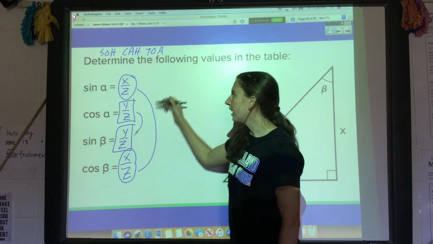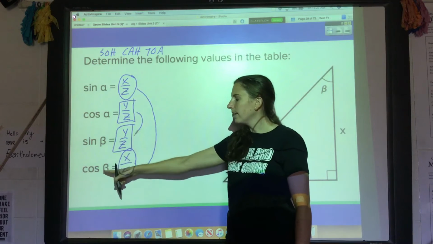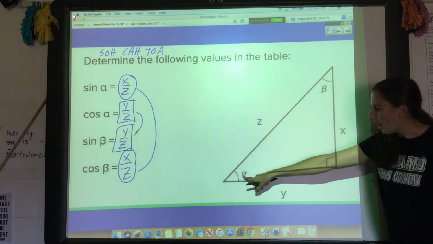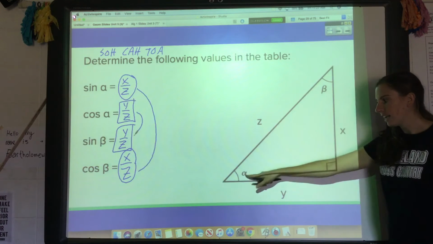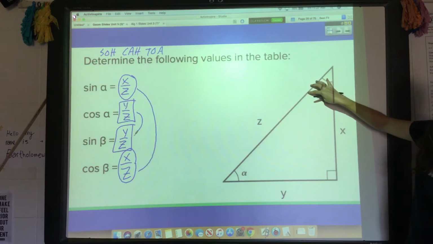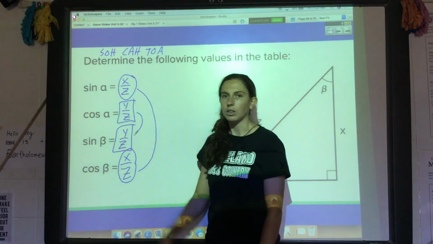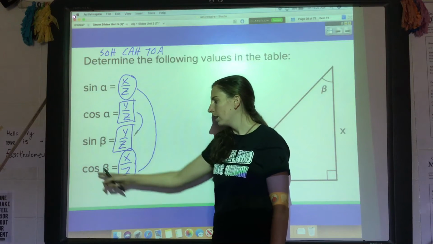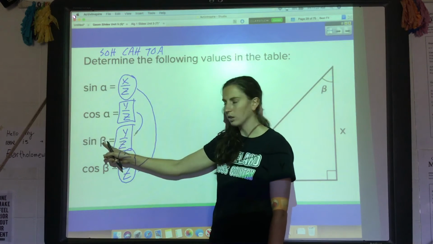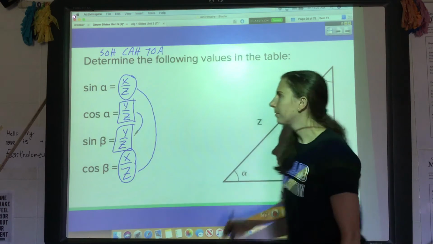But basically, the opposite side for angle A is the same as the adjacent side for angle B. See, look, the opposite side for angle A is x, but x is the adjacent side for angle B. And so basically, the sine of one angle is always going to equal the cosine of the other. Same thing here, the sine of one angle equals the cosine of the other. That will always happen.